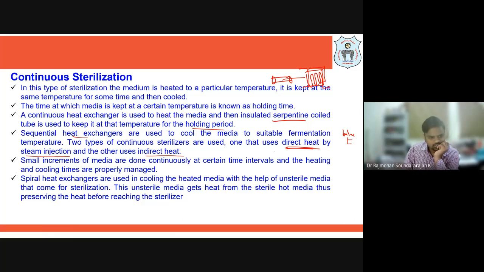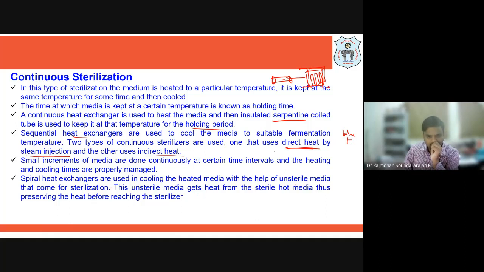Small increments of media are processed continuously at certain time intervals, and the heating and cooling times are appropriately managed. We will be using spiral heat exchangers for cooling the heated media with the help of the unsterile media coming in for sterilization.